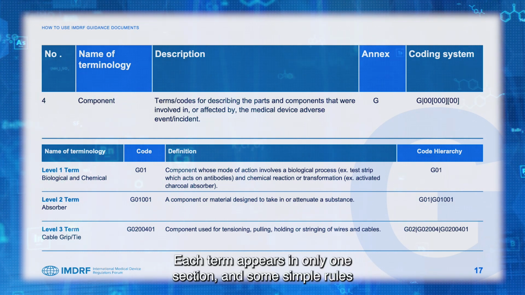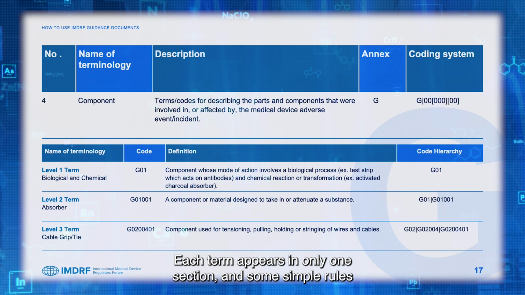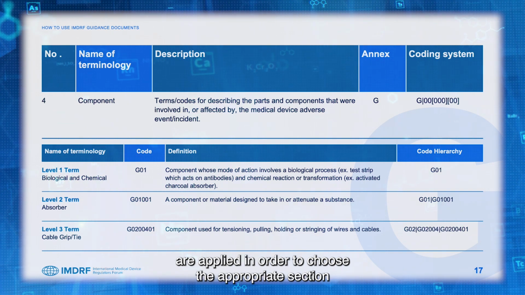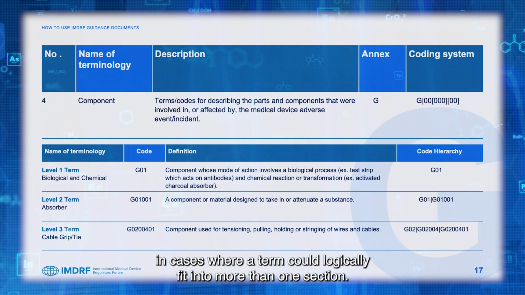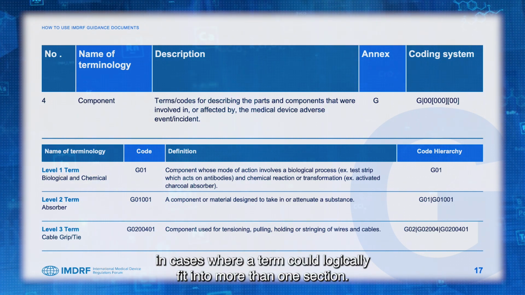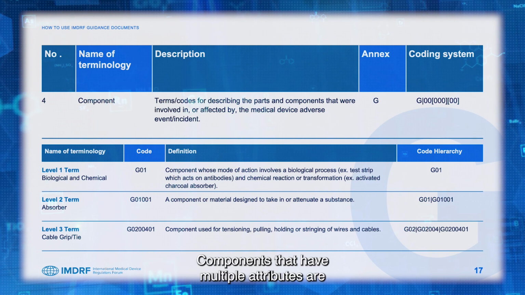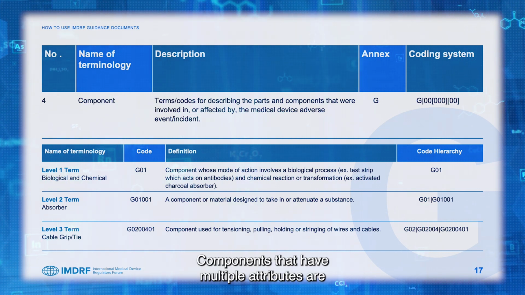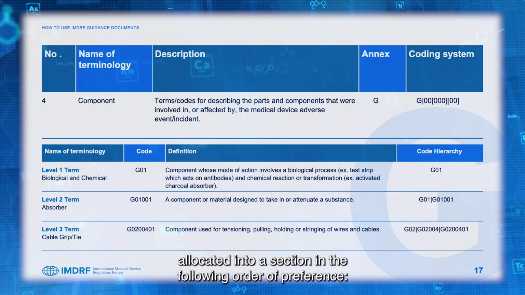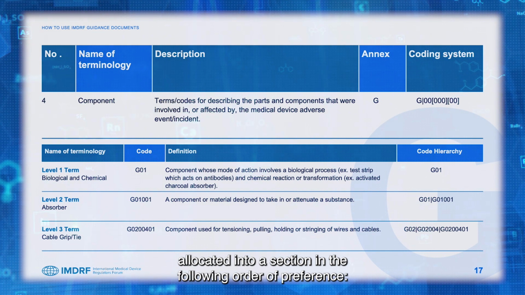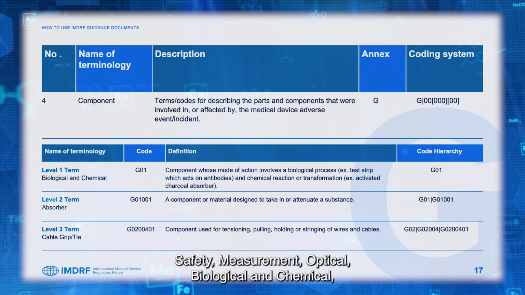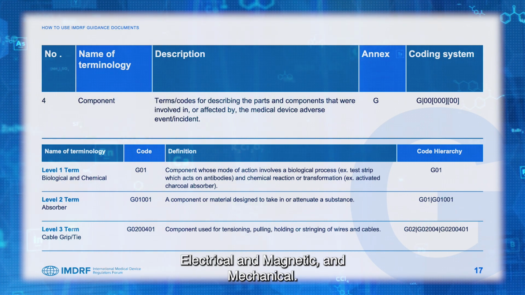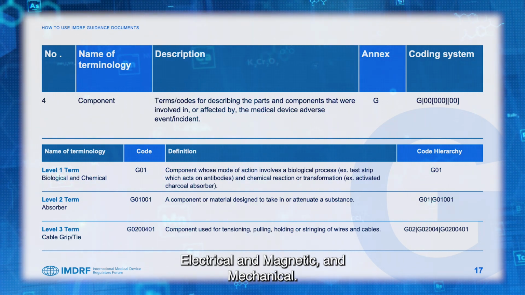Each term appears in only one section, and some simple rules are applied in order to choose the appropriate section in cases where a term could logically fit into more than one section. Components that have multiple attributes are allocated into a section in the following order of preference: safety, measurement, optical, biological and chemical, electrical and magnetic, and mechanical.